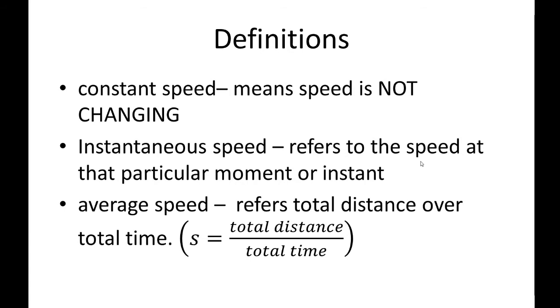Average speed refers to the total distance over time. So that is, let us say if you have traveled from north to south, let us say that's 100 kilometers, and then the total time is 5 hours, then your average speed is 100 divided by 5 hours, then that will be 20 kilometer per hour. So that's your average speed. But it does not mean that your speed all throughout the travel is 20 kilometer per hour.